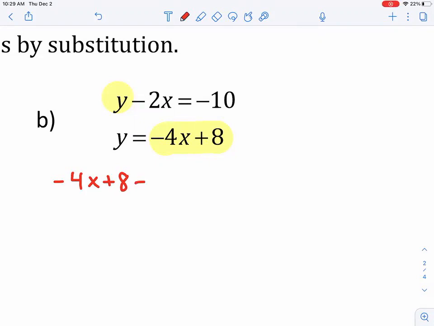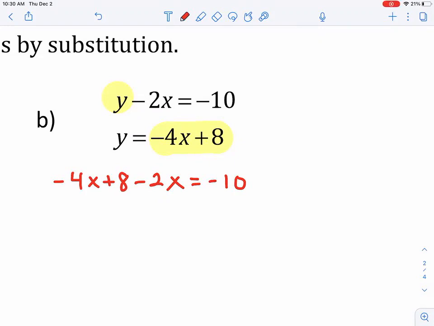This kind of confused some of you. So I rewrote that top equation, but instead of y, I wrote -4x plus 8, and then -2x equals -10.